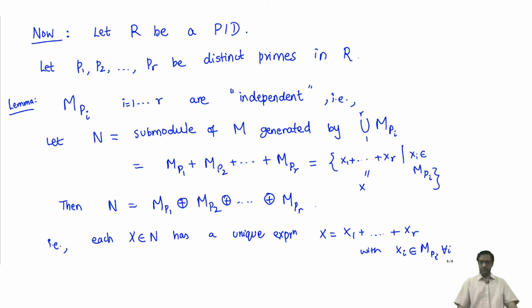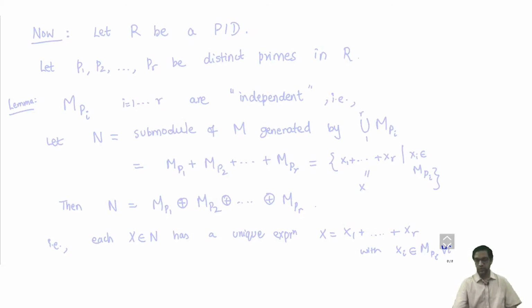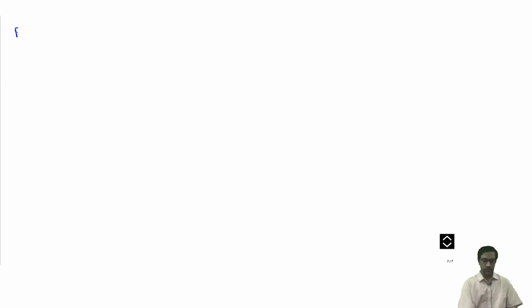Okay, so this is my definition of independence. It's a lengthy definition, but the proof itself is very simple. So let's prove this. What do we need to show? We need to show that if x has two such expressions, then those two expressions coincide. Okay, so here's the proof.